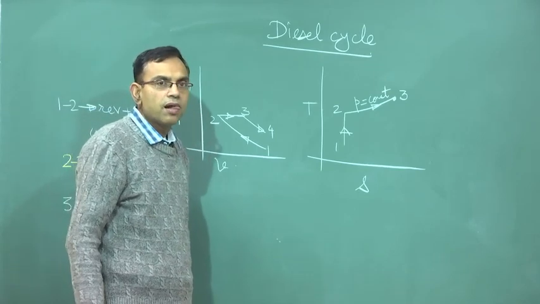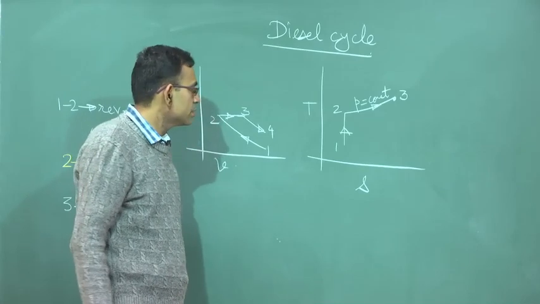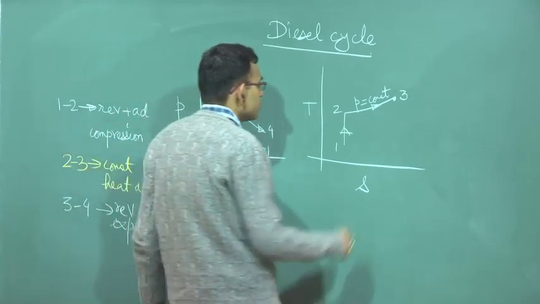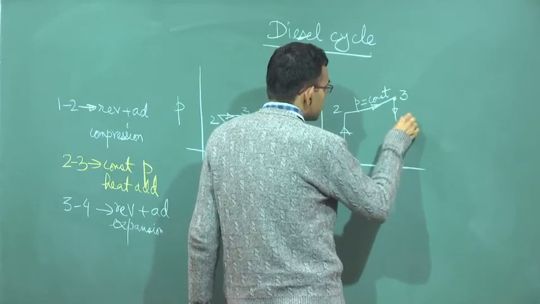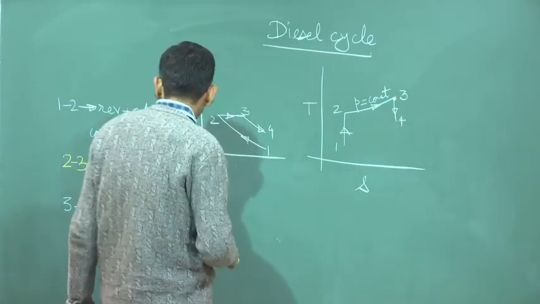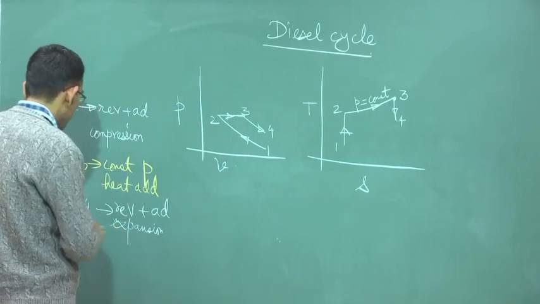And then from 4 to 1 you have constant volume heat rejection.